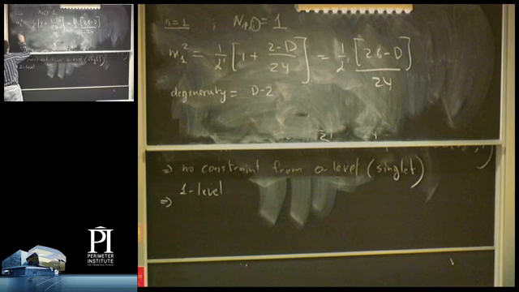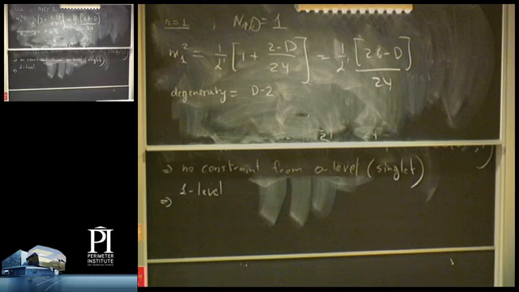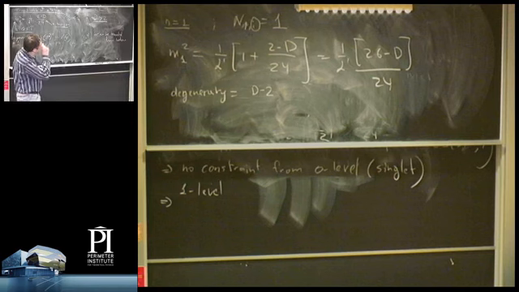So this tells us that the degeneracy equals d minus 2. There will be precisely d minus 2 states of the string at the first excited level.